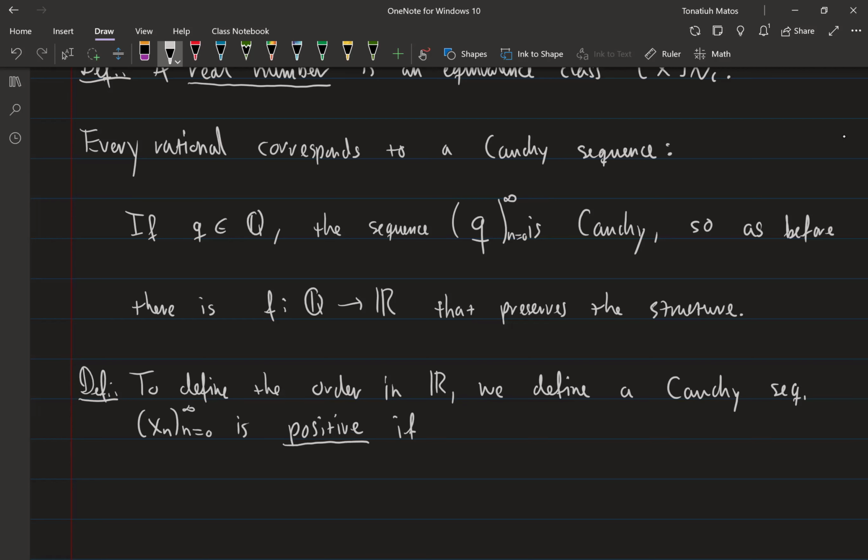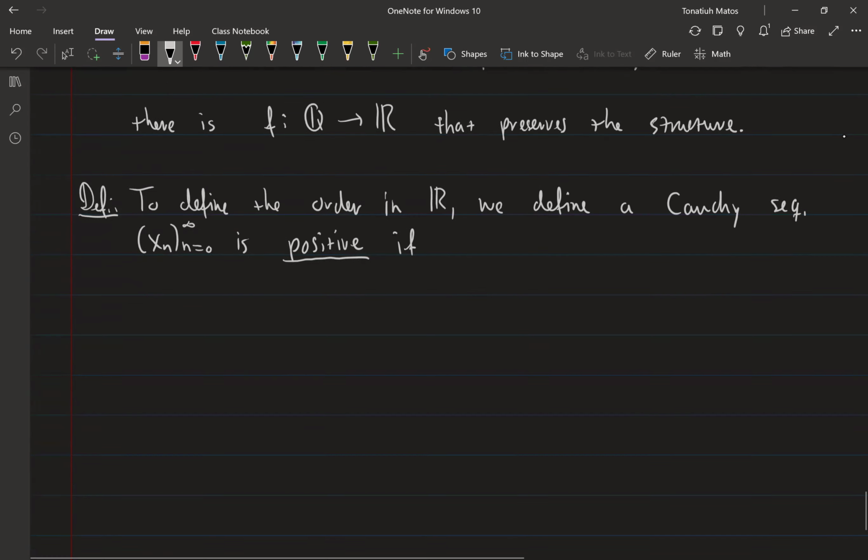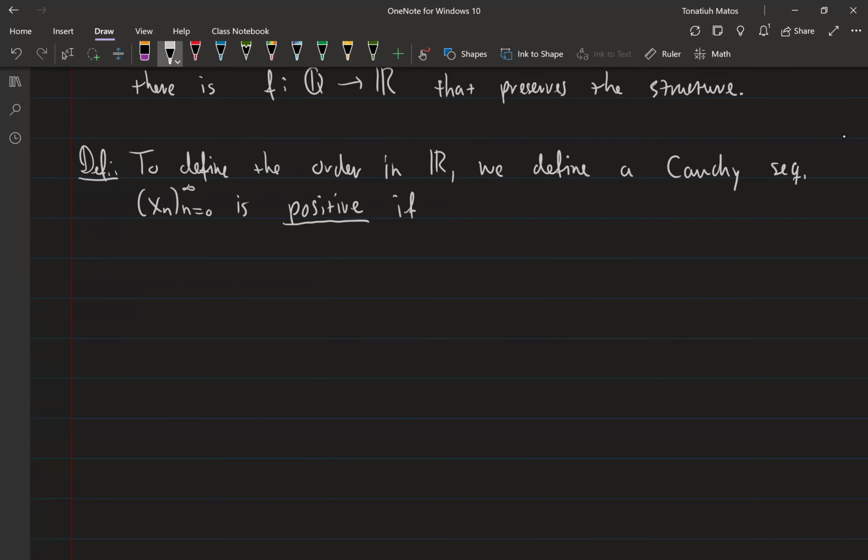If what? How would you define what it means for a number to be positive? It has to sort of point to a positive number, right? So if it's rational, then it has to be a positive rational. But if it's not rational, we still want this to point to something rational, right?